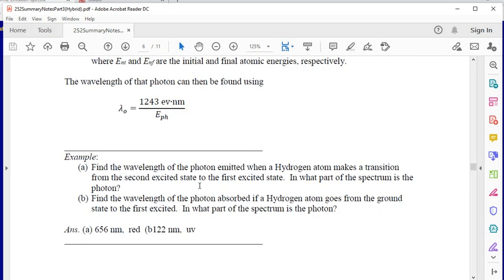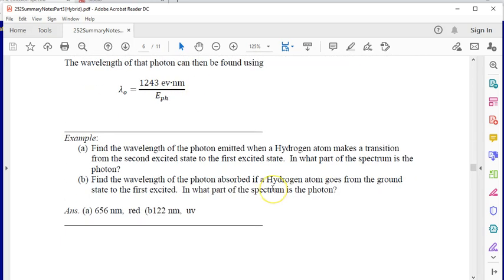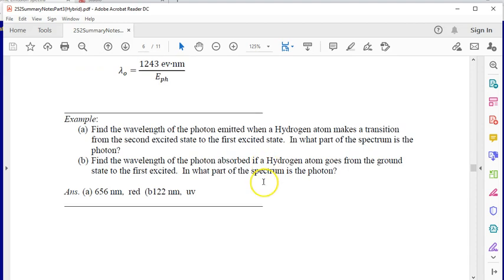Okay? A variation of a question, for instance, what I could ask you, like in B, this was the transition from 1 to 2. Another way I could ask B is I could say, hey, you have a ground state hydrogen atom, and it absorbs a 122 nanometer photon.